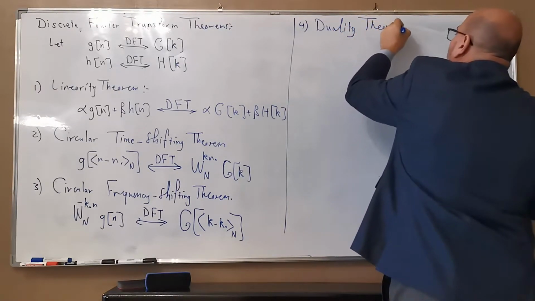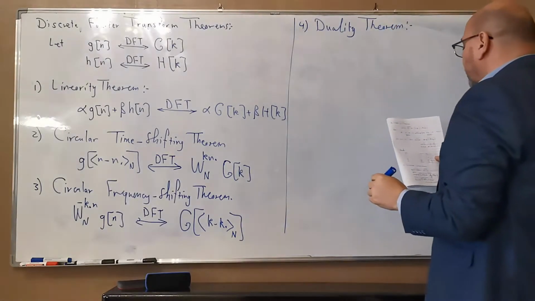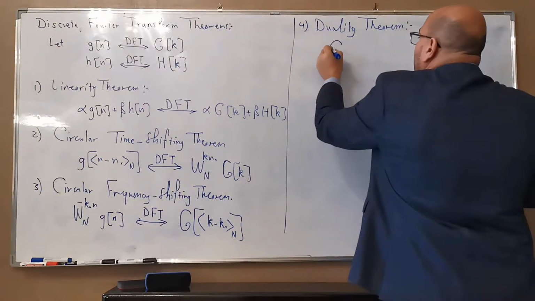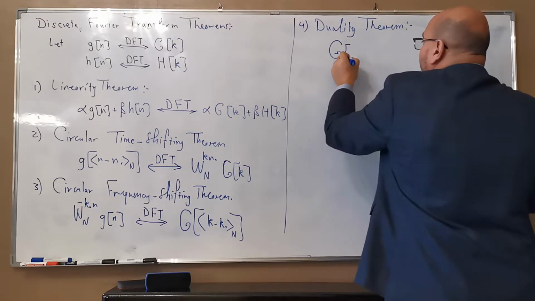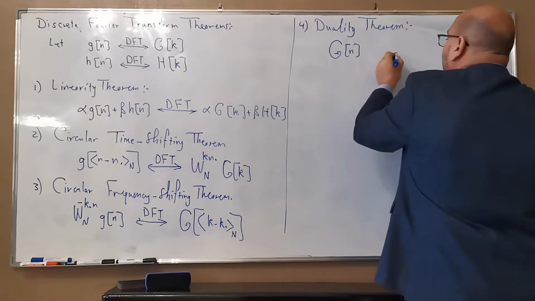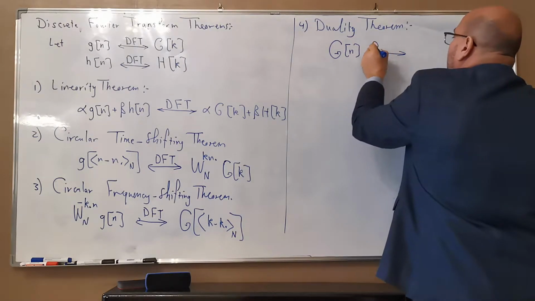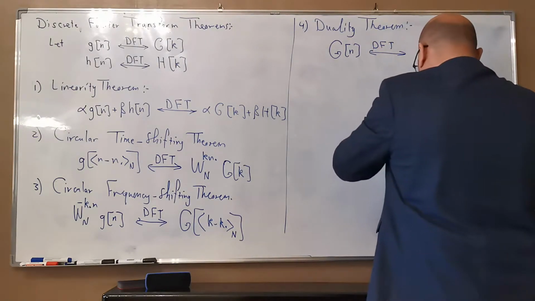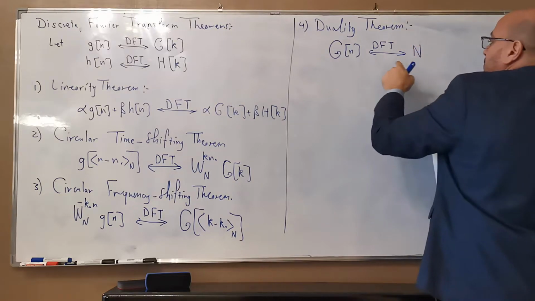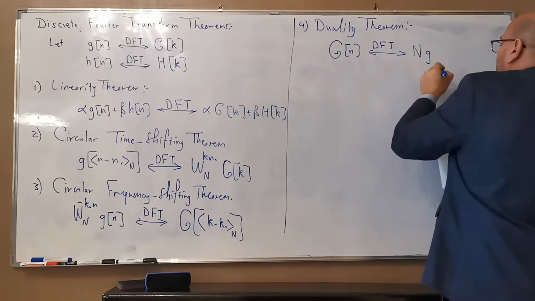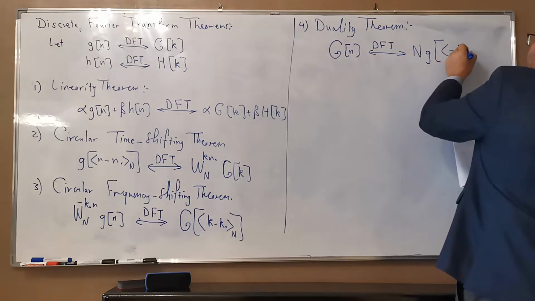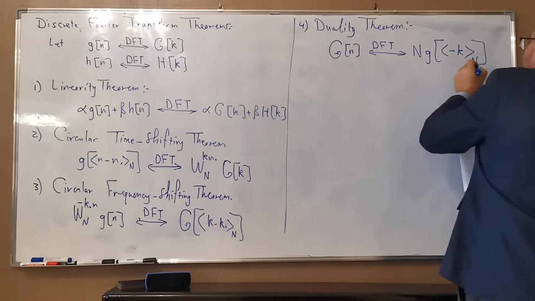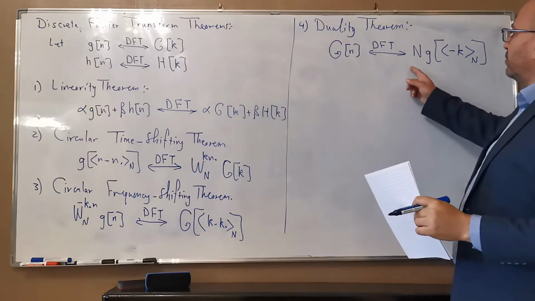And the duality theorem says that if you have some G, notice that you have G capital, but of N, it has the DFT of N, but with G small of minus K modulo N. So this is a duality theorem.